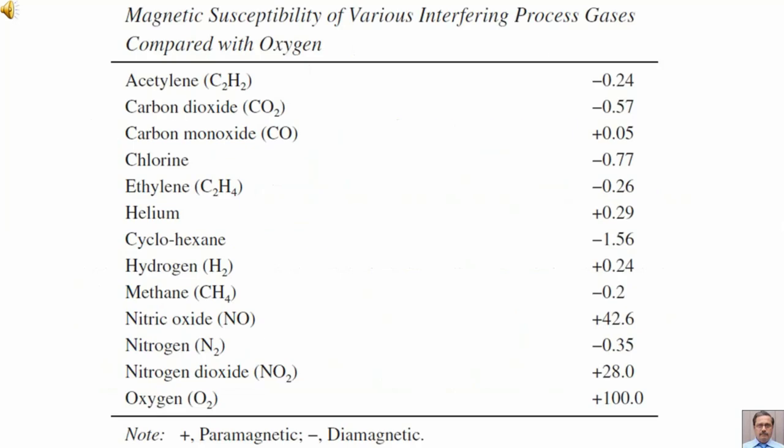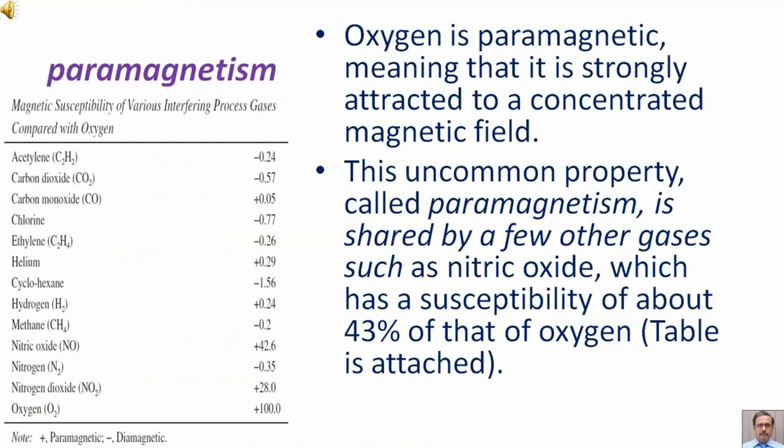Magnetic susceptibility of various interfering process gases compared with oxygen. This is the heading of the table which has been shown for your reference. Oxygen is paramagnetic, meaning that it is strongly attracted to a concentrated magnetic field.